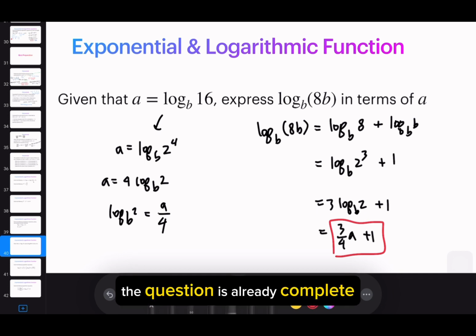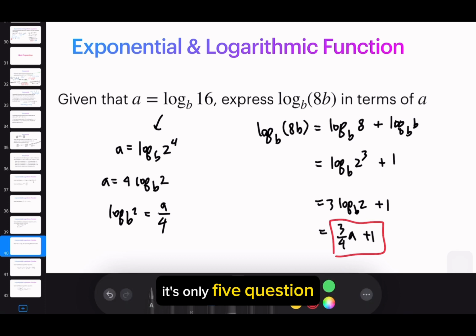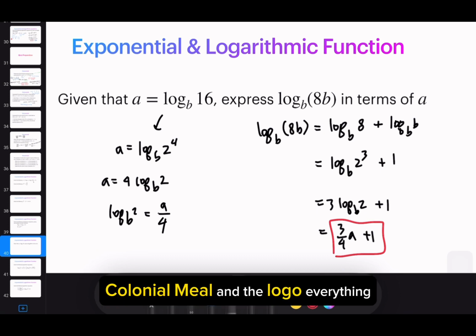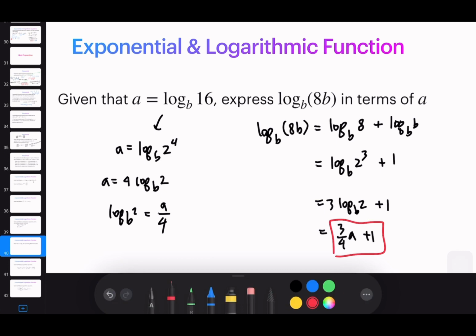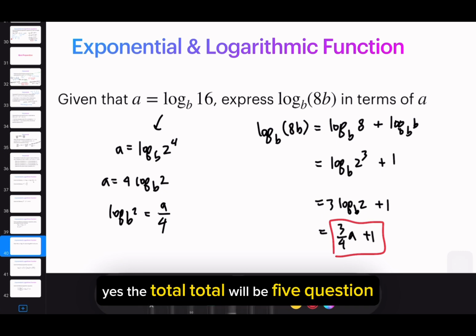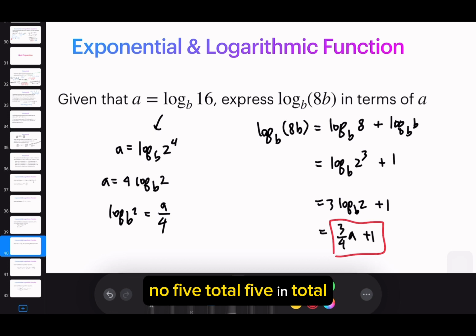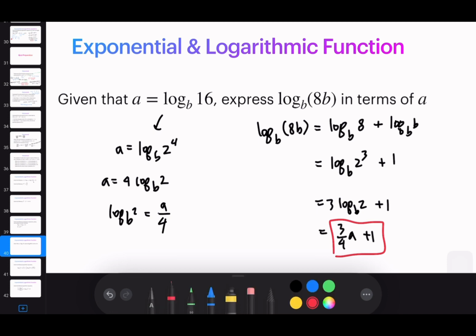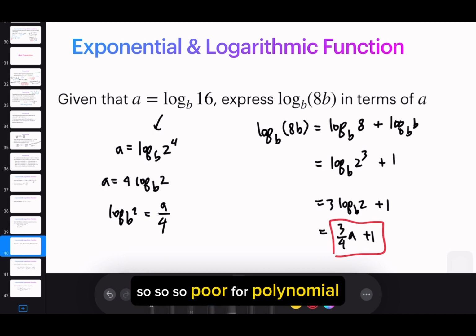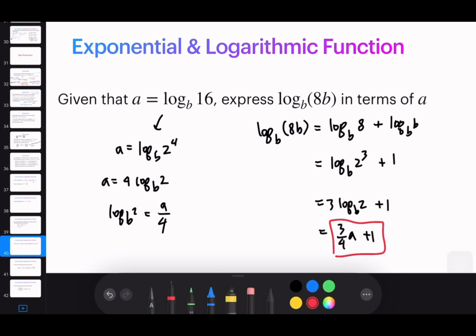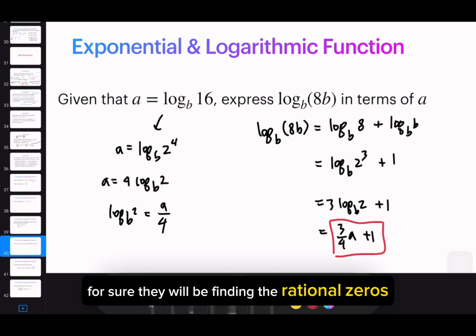Actually, the question is already complete. I know what questions will be. It's only 5 questions, polynomial and logarithmic. For the test? Yes, the total will be 5 questions. 5 in total. Okay. So Part A, B, C. For polynomial, for sure there will be finding the rational zeros.